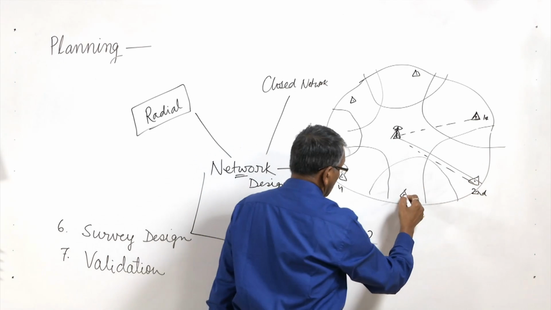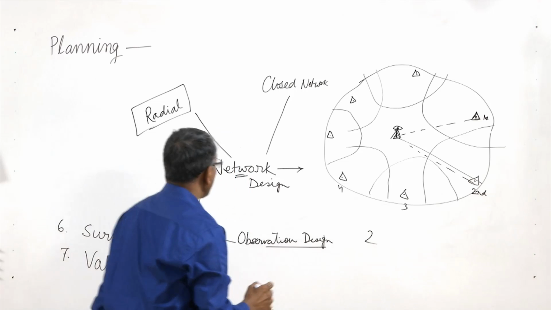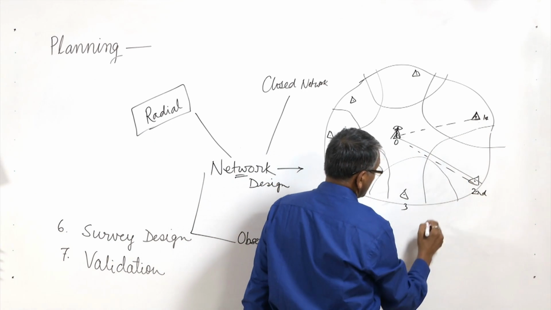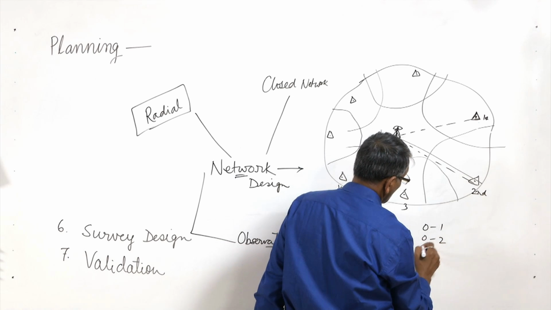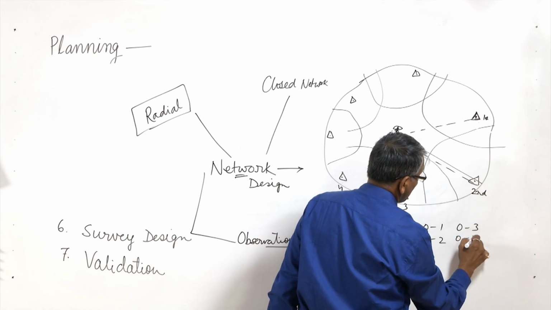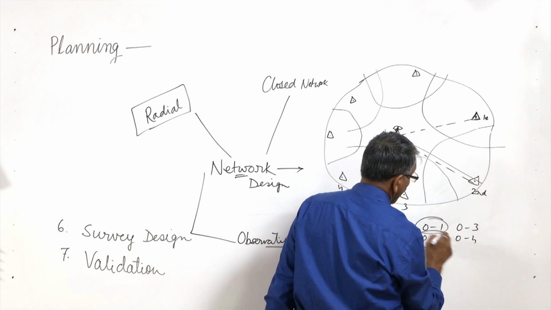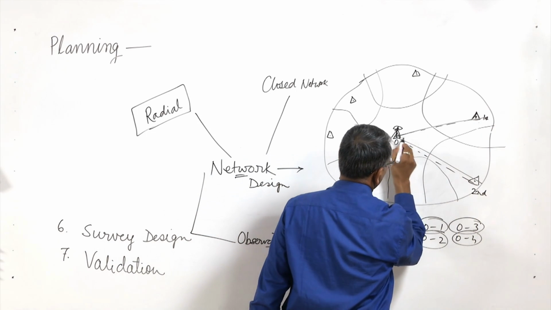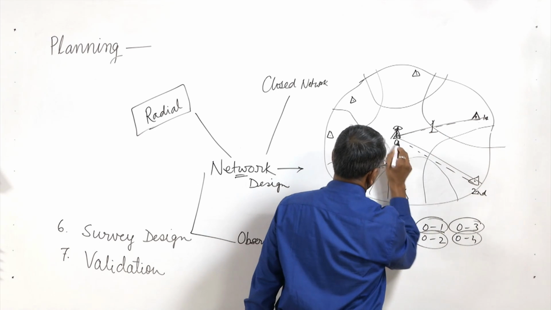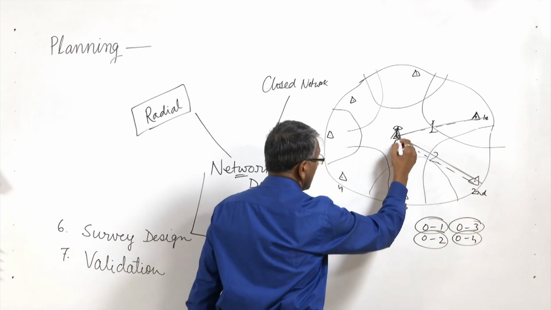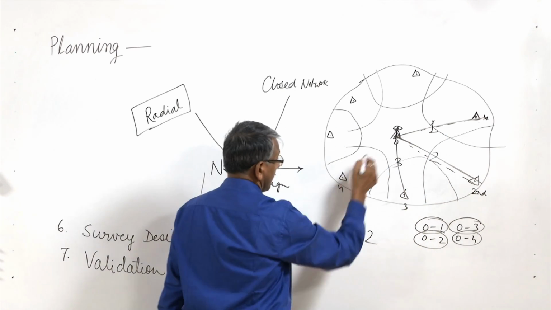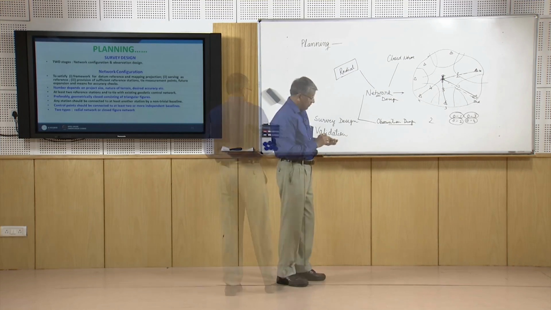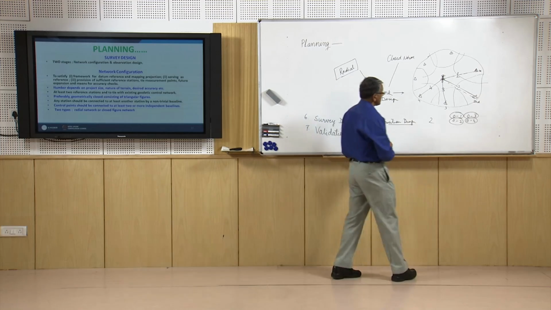So the configuration is 0-1, 0-2, 0-3, 0-4, meaning this is the baseline. We take readings between these two first, then these two second, then third, then fourth, like that. This is called the radial method of network or radial observation.